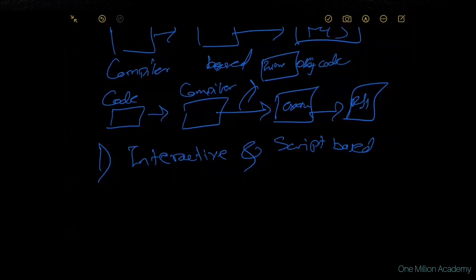Yes, of course, that's how it works. It will check whether your syntax is correct or not. If it is not, it will tell you where the error is, and then ask you to resolve it. Converting human readable language into machine readable language, yes, that's right, you can say that too.